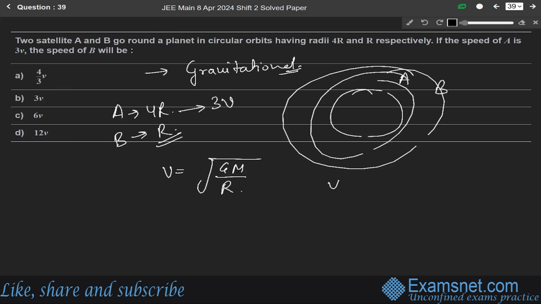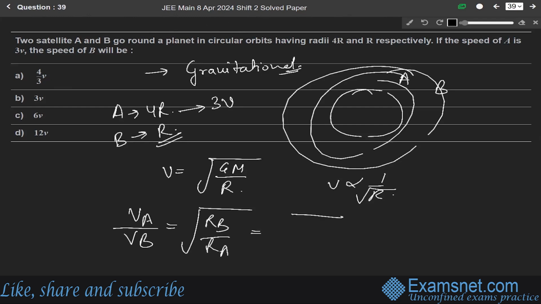So v is inversely proportional to what? Root r. So using this formula, VA over VB will be equal to under root of RB over RA. RA is 4r and RB is r. So it will be 1 by root 1 by 4, which means 1 by 2.